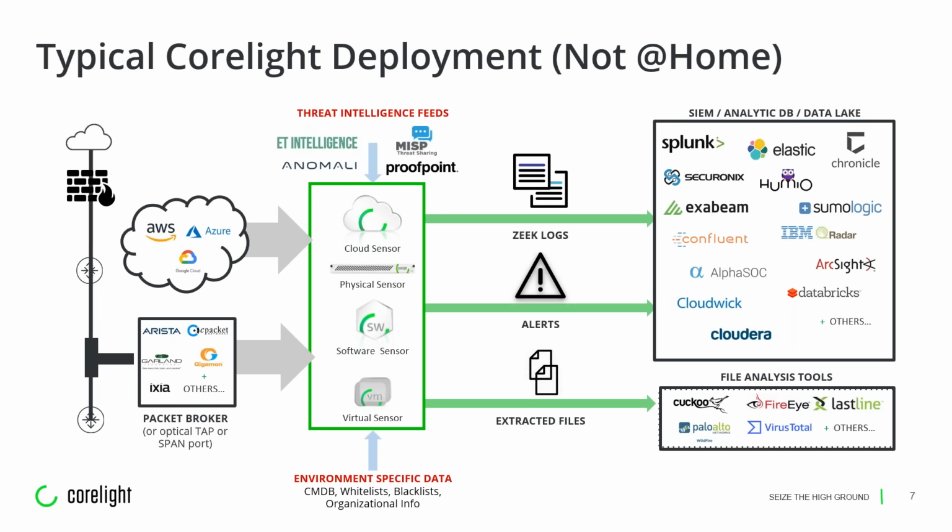That traffic would then get fed into a monitoring interface of a Corelight appliance, whether it's physical, virtual, cloud, whatever, and we would then take that metadata and ship it off to one or more of the data lakes in the top right for analysis and evaluation. With the introduction of Suricata, we've also added alerts into that, and we have the ability to extract files in a very granular way, to be either archived or sent off to file analysis tools and that sort of thing.